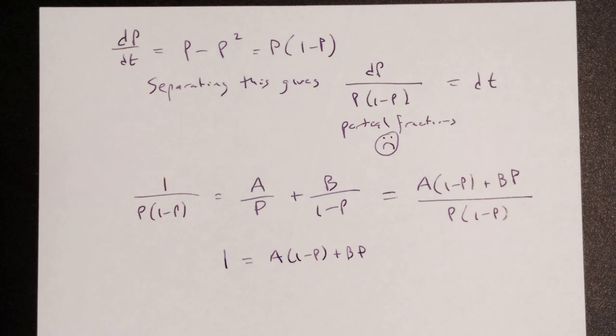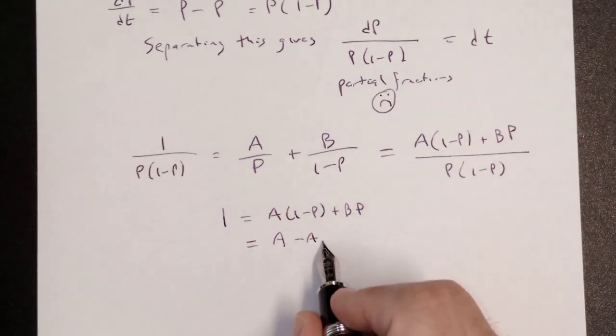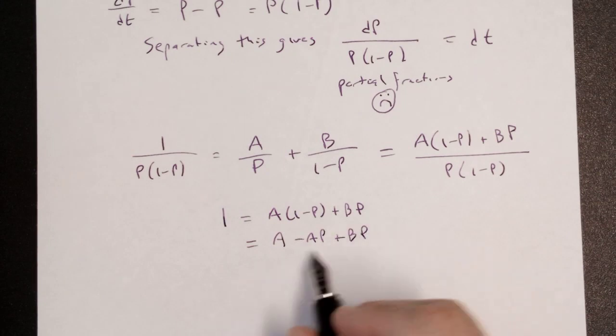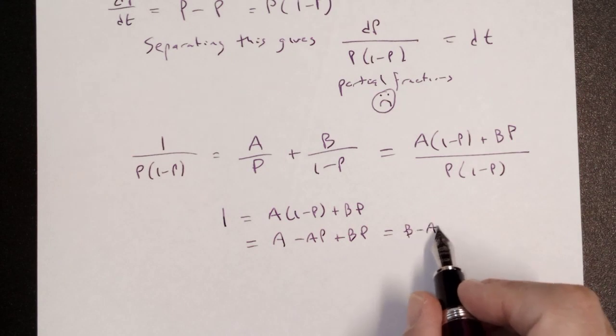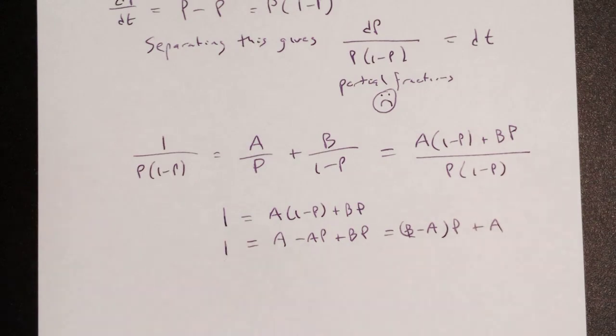But notice on the right-hand side, we have p's, on the left side, we don't. So the coefficients must be the same. Let's regroup this. And I get a minus AP plus BP, which is the same as B minus A times P plus A. And that needs to be equal to 1. What is the coefficient of P on the left? How many P's are over there?